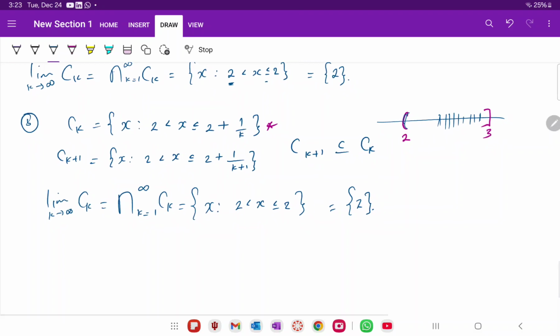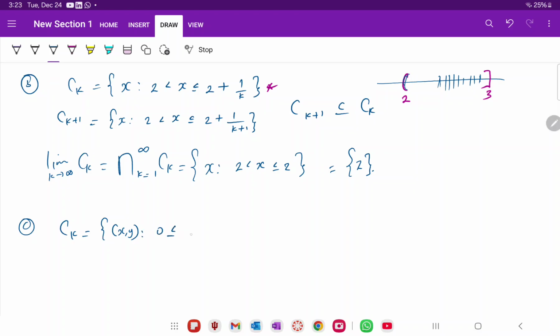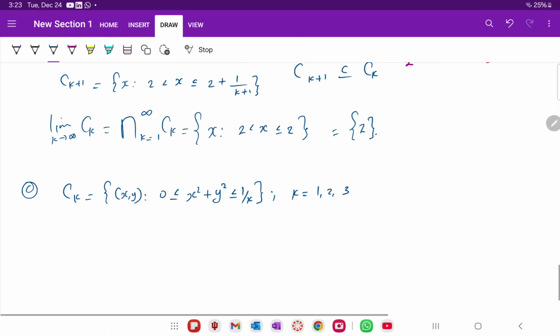Okay, so we have one more question. We have C_k equals (x, y) such that 0 is less than x squared plus y squared less than 1 over k, for k equals 1, 2, 3.